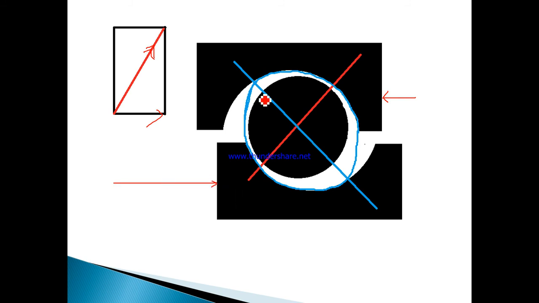For that, now the rotating shaft can move, means it can follow the locus of the blue elliptical path.